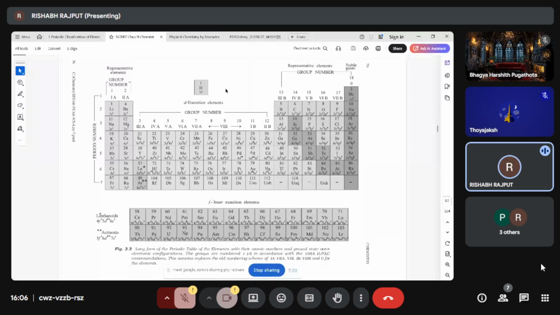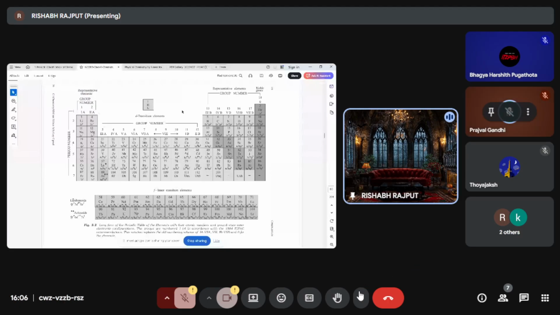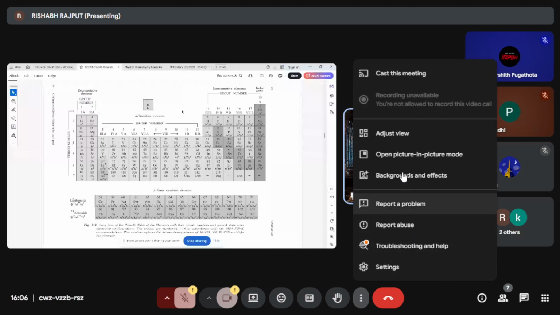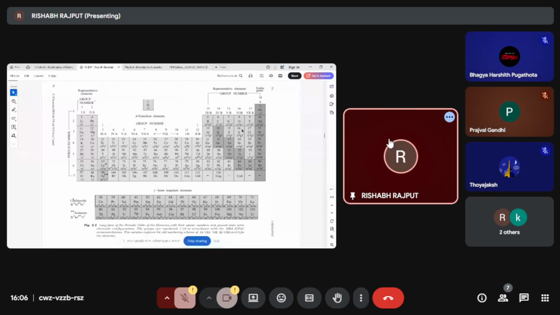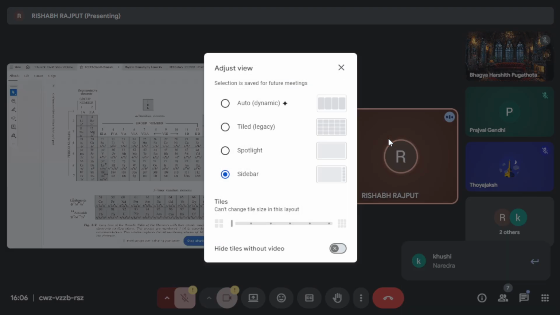If you go from group 1 towards group 18, your electronegativity will increase. You already know carbon, nitrogen, oxygen, fluorine, chlorine have higher electronegativity values. If you go from top to bottom, electronegativity will decrease. So please remember these two things, it is very important.